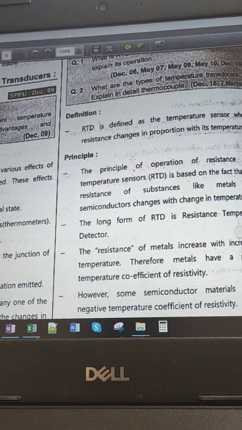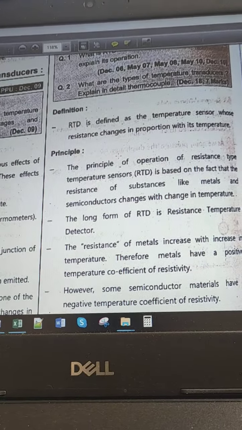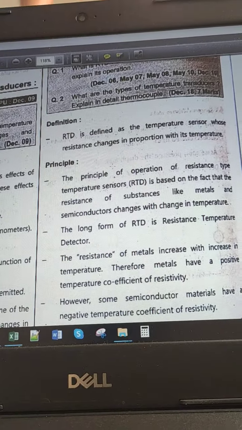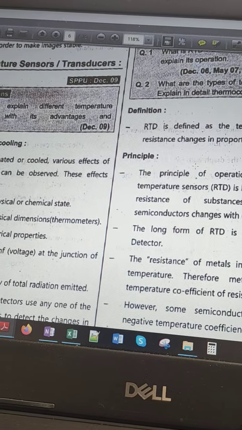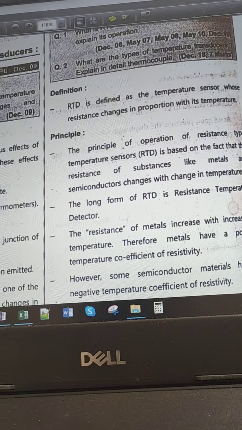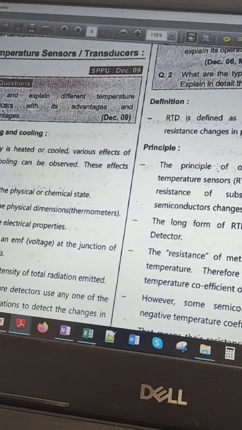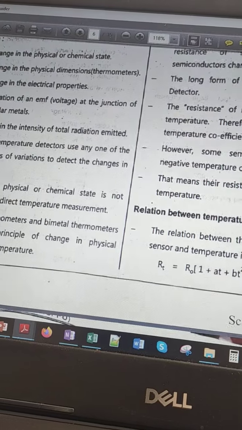The principle of operation is based on the resistance of a substance like a metal or semiconductor changing with the change in temperature. The long form is resistance temperature detector. It has a positive temperature coefficient, that is, resistance increases with increase in temperature. However, some materials have a negative temperature coefficient.